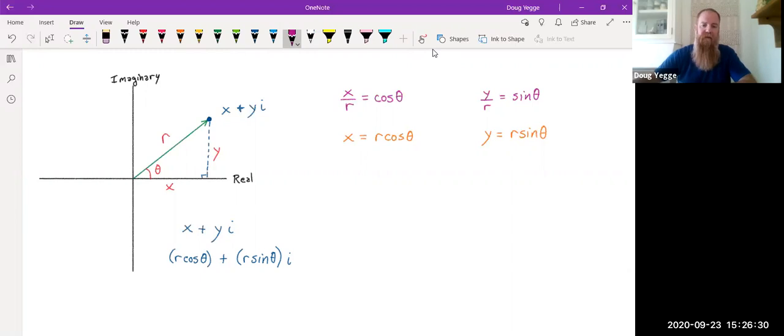If we were to factor out an r, we could rewrite x plus yi as r times cosine theta plus sine theta times i.